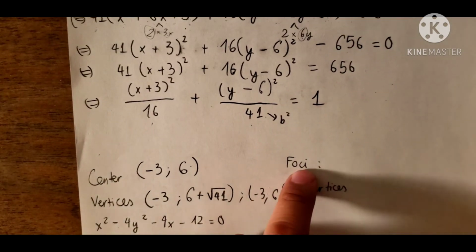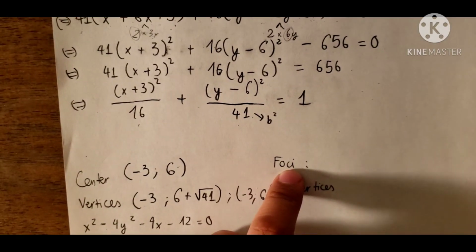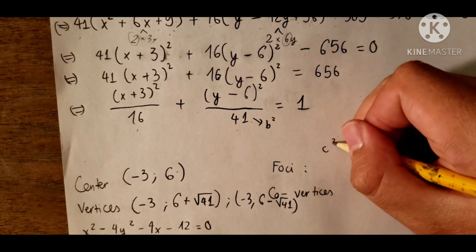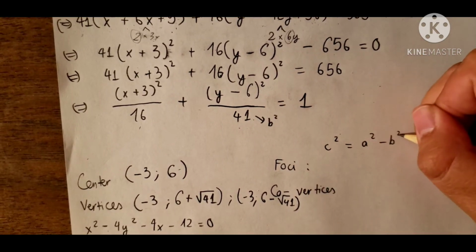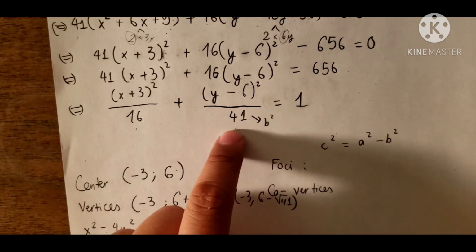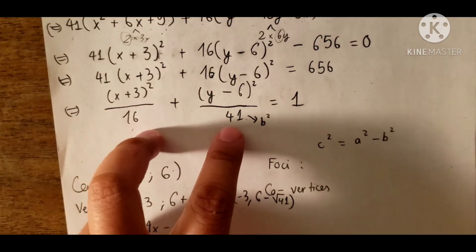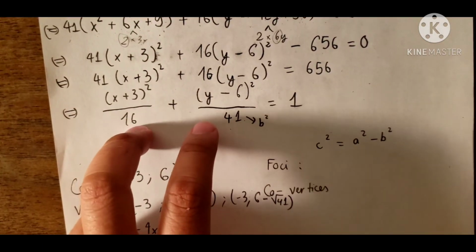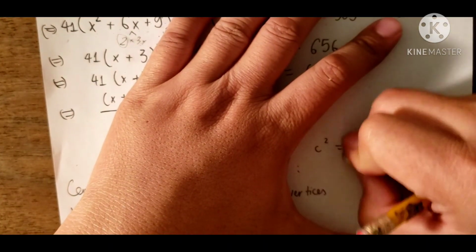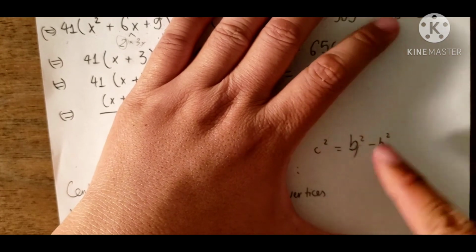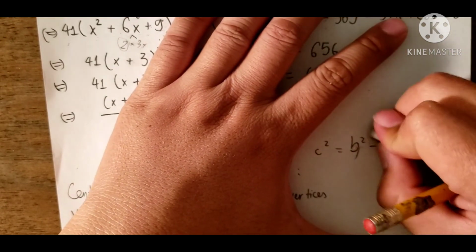The next one is about c. c power 2 is equal to a power 2 minus b power 2. In this situation, we can see that b power 2 is 41 and a power 2 is 16, so in this situation we change it to b power 2 minus a power 2.